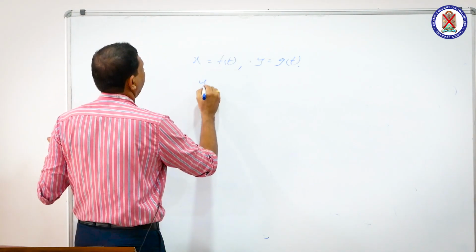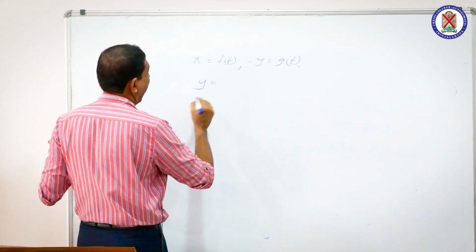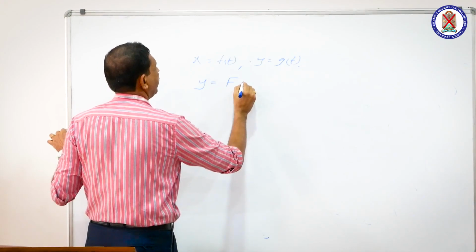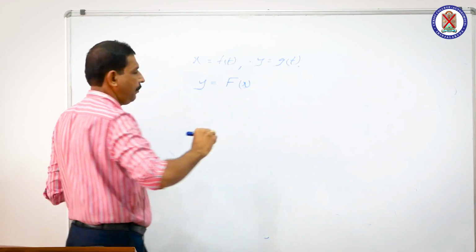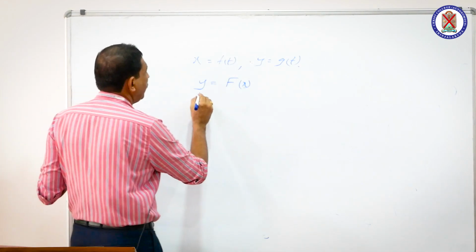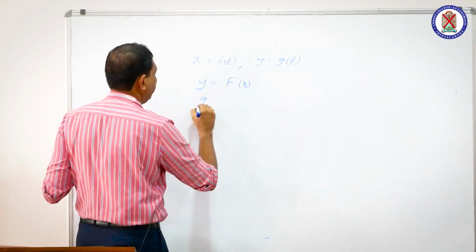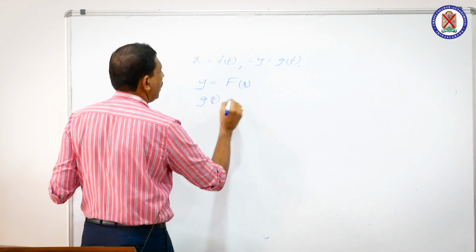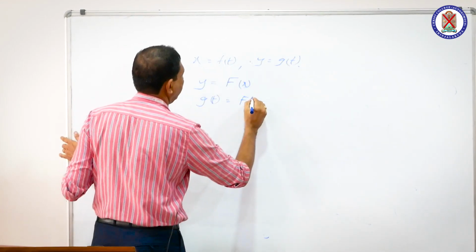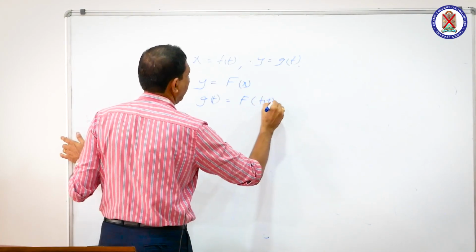Usually, we differentiate y with respect to x. The Cartesian format of our equation is y is a function of x. And instead of y, we have g of t; g of t equal to f of, instead of x, we have f of t.